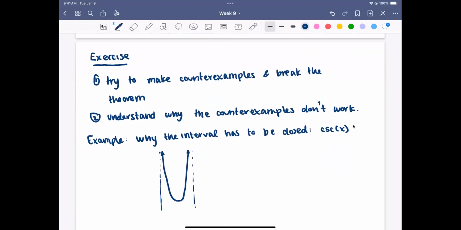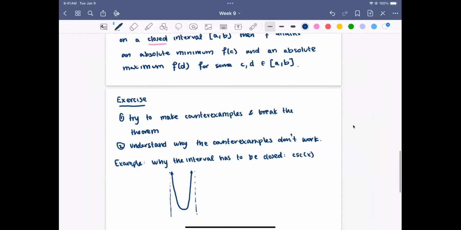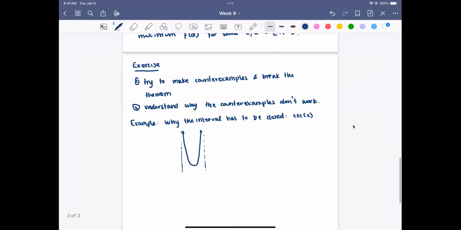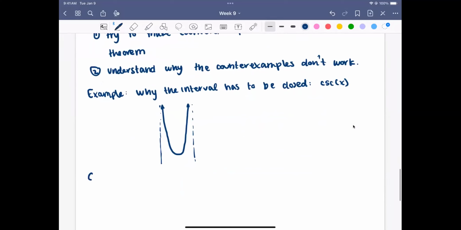So what's an example for why you need the function to be continuous? Here's the one that I had. Here's the example, why the function must be continuous.